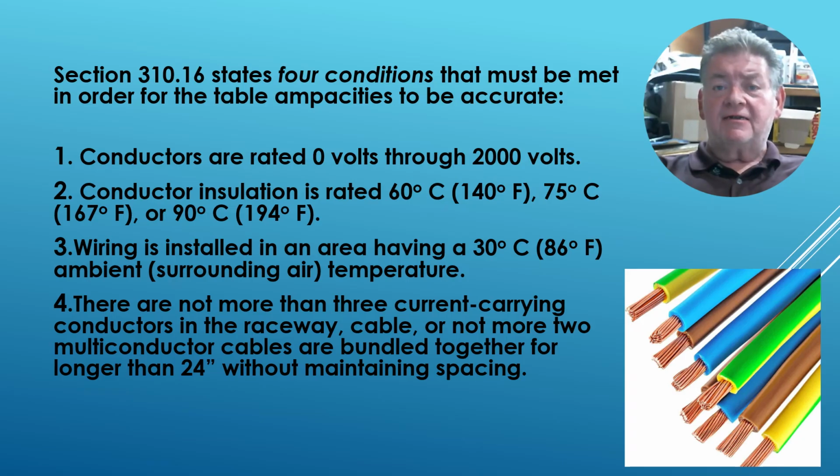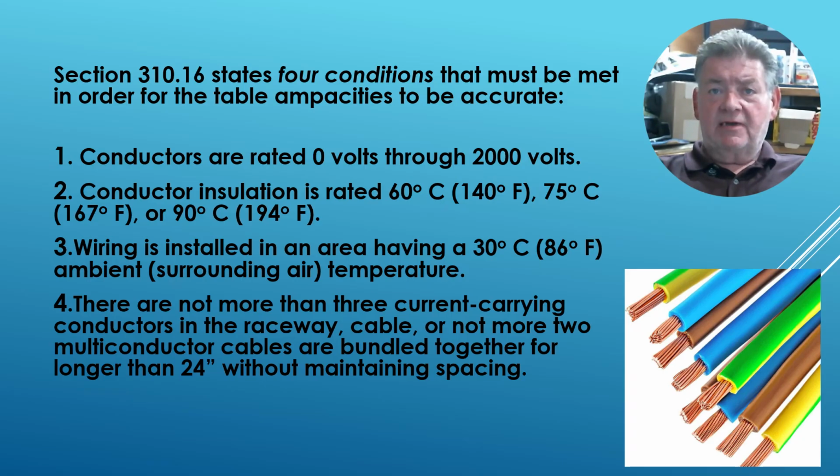Section 310.16 states four very specific installation conditions that must be met in order for the table ampacities to be accurate. What are those four conditions? Well, condition one, the conductors have an insulation that has a voltage rating of between 0 volts up to and including 2000 volts.